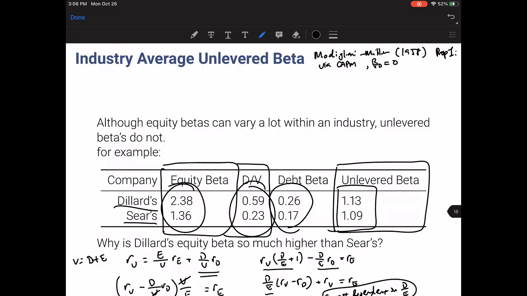So this is a simplifying assumption. Of course, it generalizes for non-zero beta, but to make the math look more straightforward, we're going to assume that beta D is equal to 0. So if that's the case, recall that our asset beta formula, or the Harris-Pringle equation, looks like the following when the debt beta is 0.